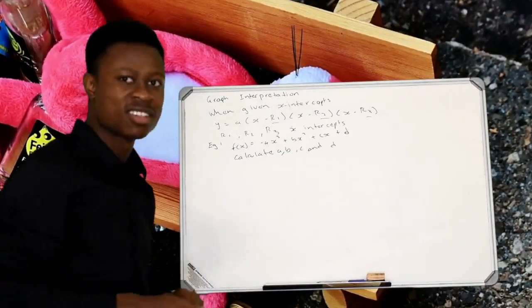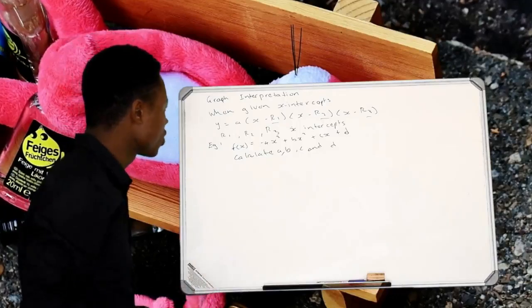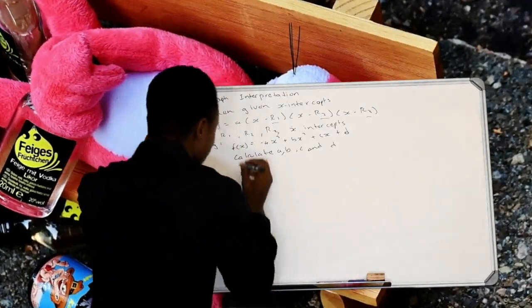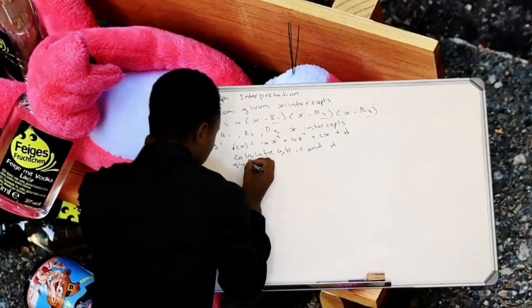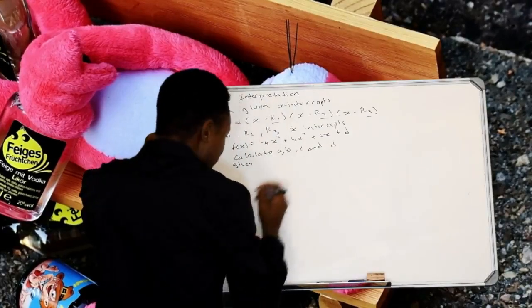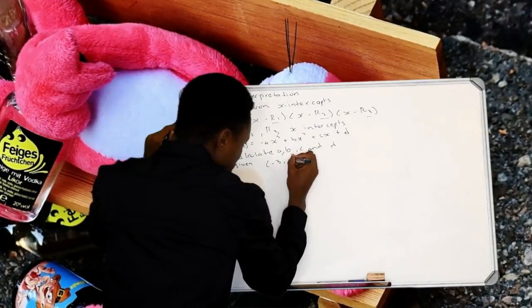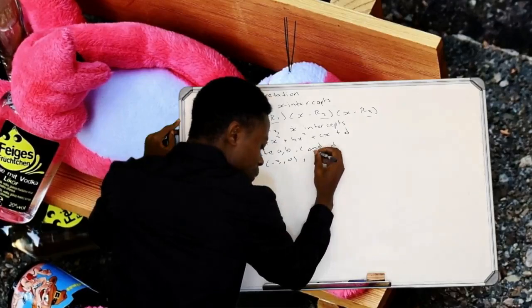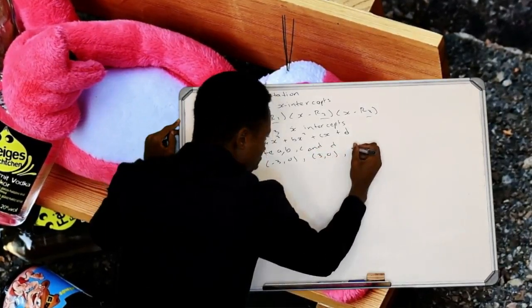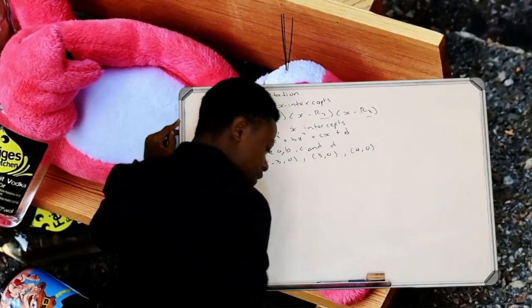Where do I start? That's my question. So I am given, sorry, I forgot to tell you, we wouldn't be able to start anyway if we're not given the intercepts. So let's say my intercepts are negative 3, 0, and then we have 3 and 0, and then we have the last one, which is 4 and 0.